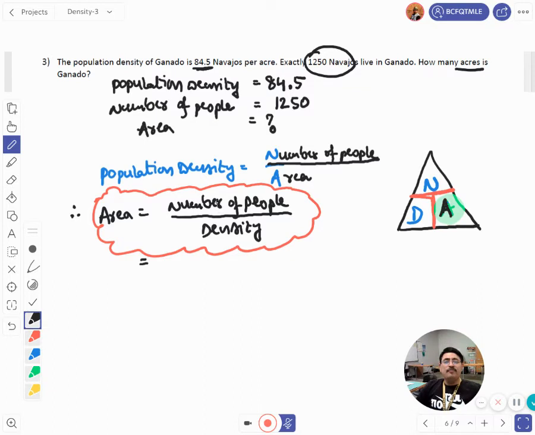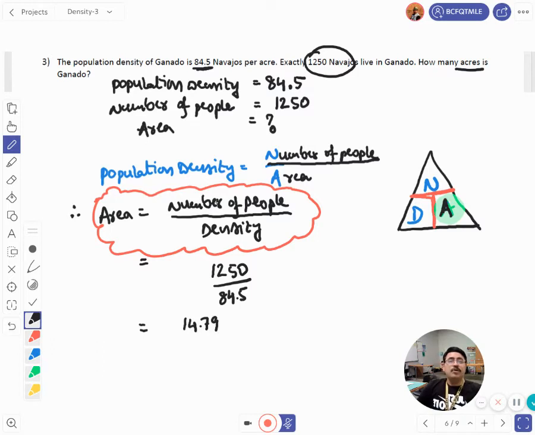So number of people is 1250, divided by density, which is 84.5. Let me take my calculator: 1250 divided by 84.5 is 14.79.